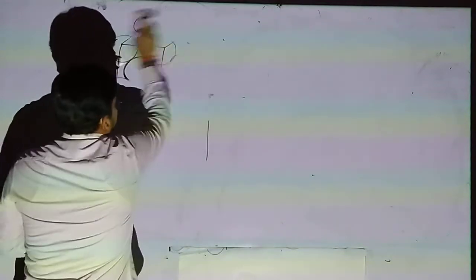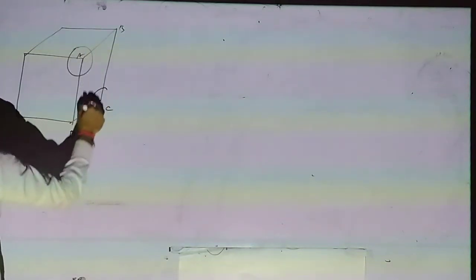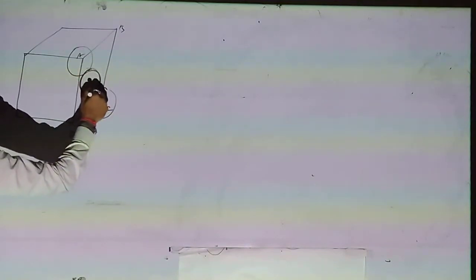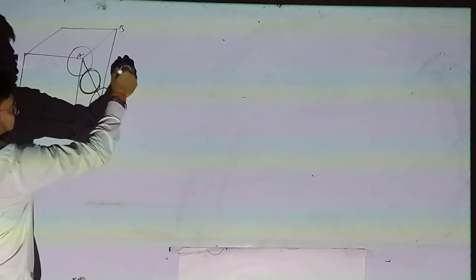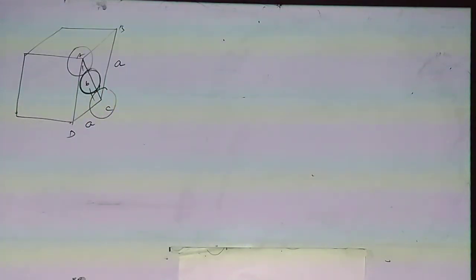Now listen. A, B, C and D. Yes, this one A, this one A. Suppose this one B. Hypotenuse.